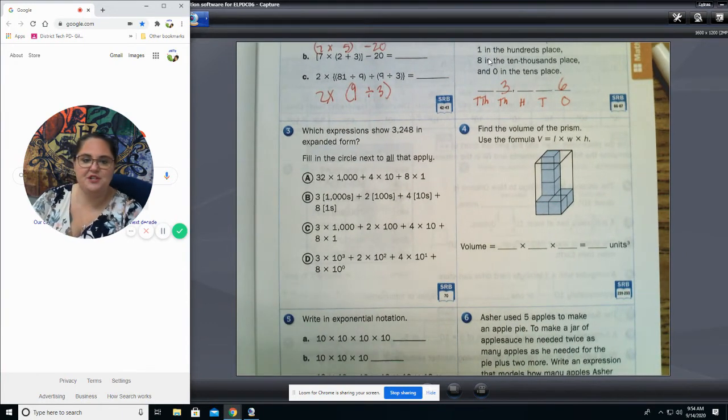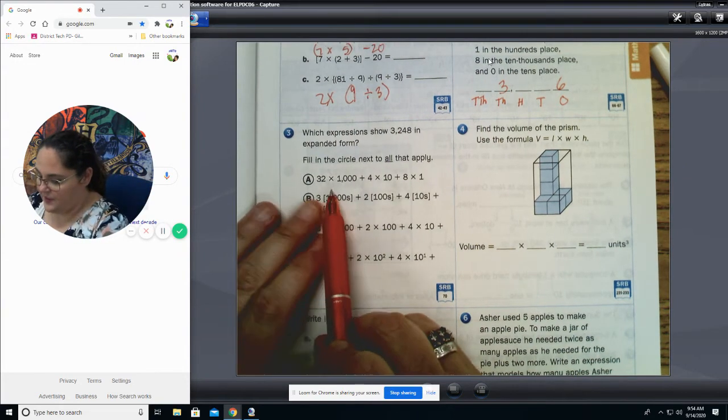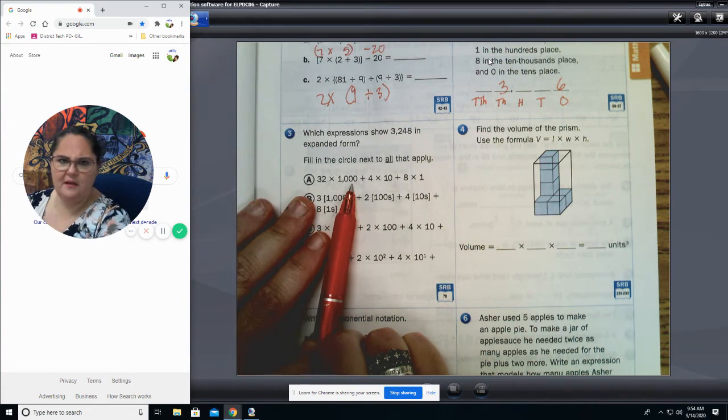All right, which expression shows 3,248 in expanded form? 32 times 1,000. Oh, wait.